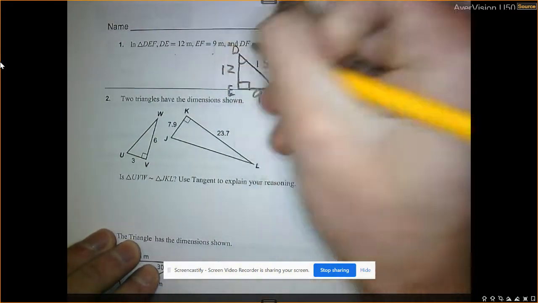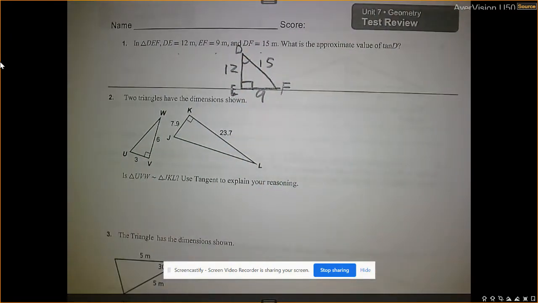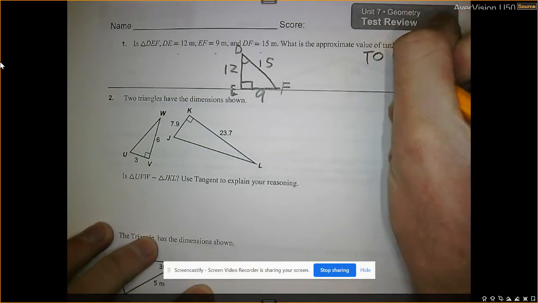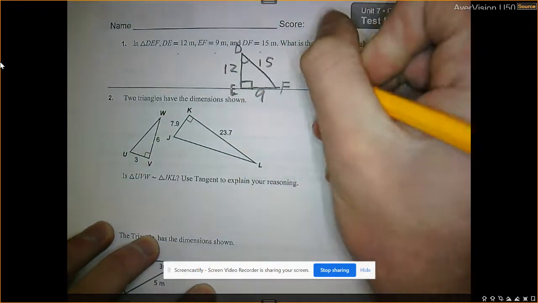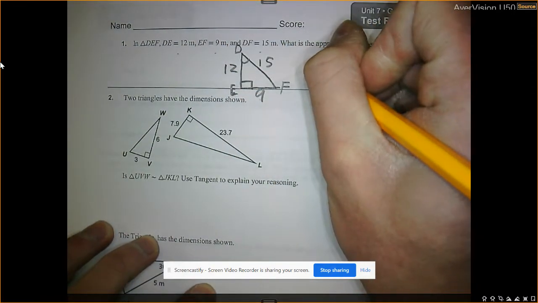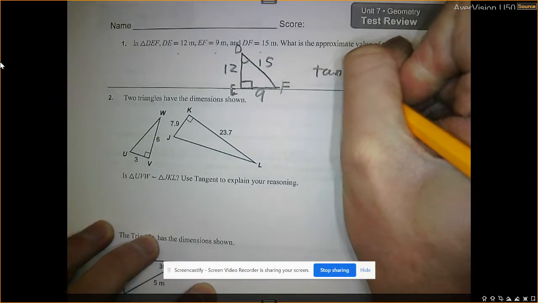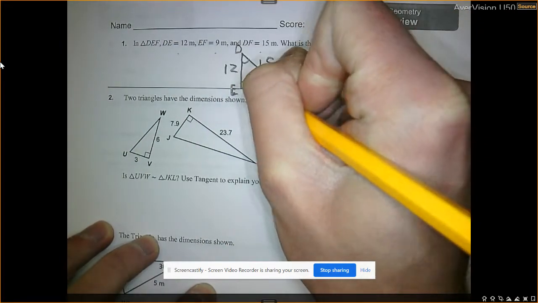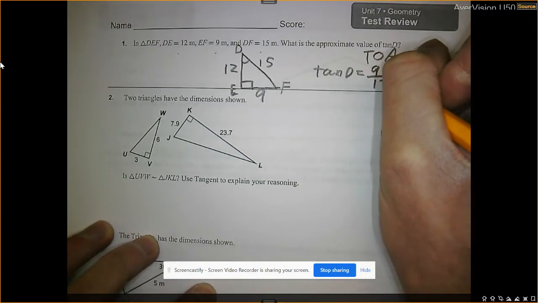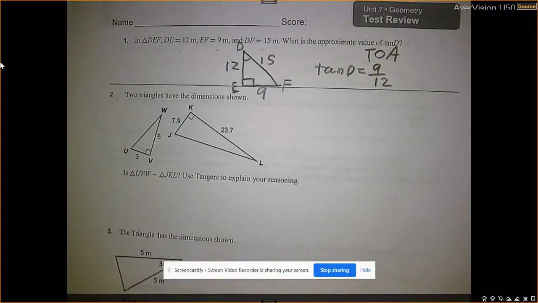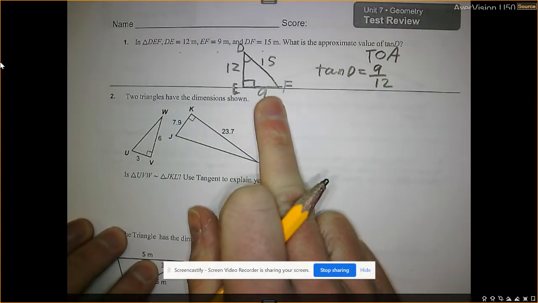Well, here is D up here. Okay. And the tangent, you have to think TOA, okay, opposite over adjacent. So opposite is across from it, that's 9, so tangent of D equals opposite over adjacent. That's 9 over 12. Again, it says EF is 9.